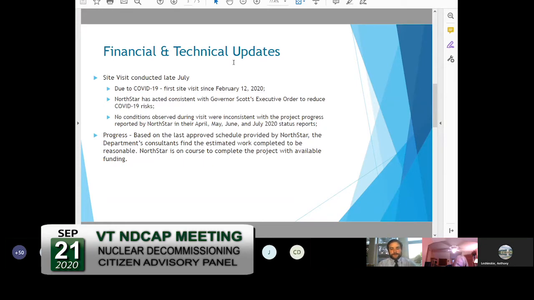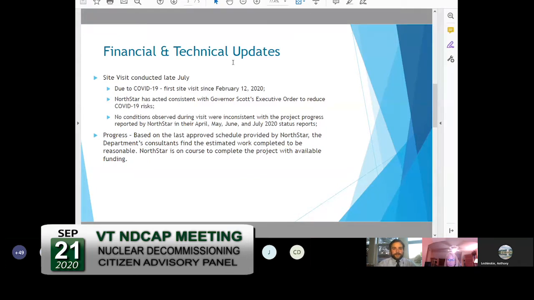For the technical updates, the department's consultant was able to conduct a site visit this past July. The typical site visits that are consistently conducted were delayed due to COVID since February. However, our consultant did view the site in July and found that the conditions observed during the visit were consistent with the project reported by NorthStar in their April, May, June, and July 2020 status report.